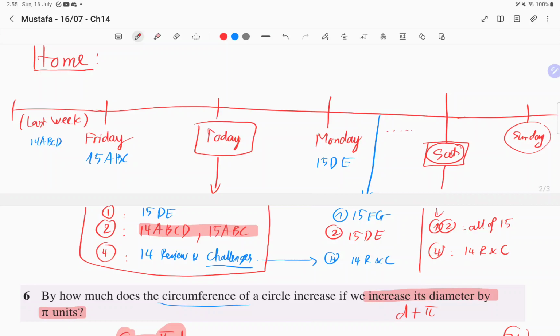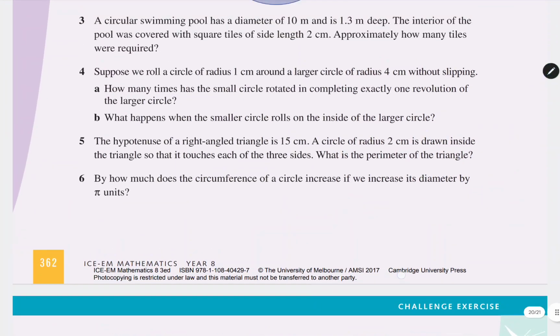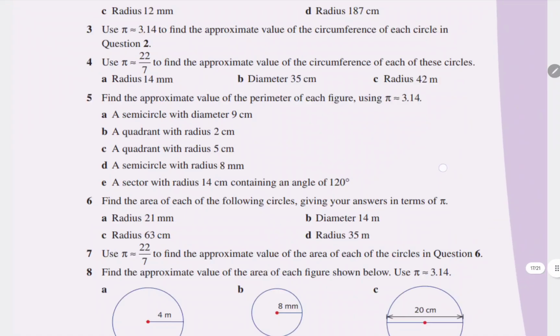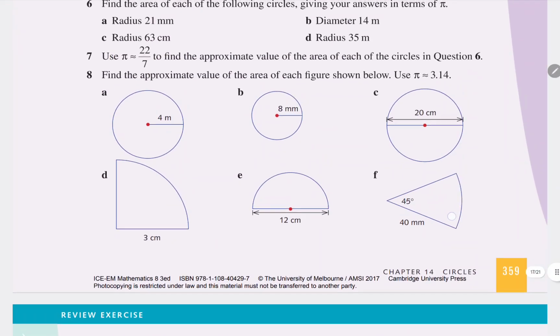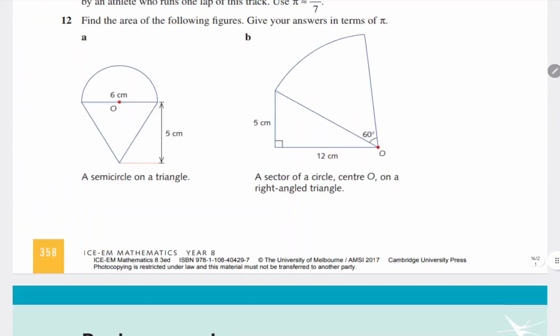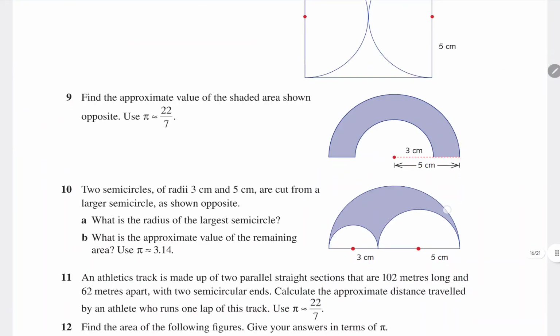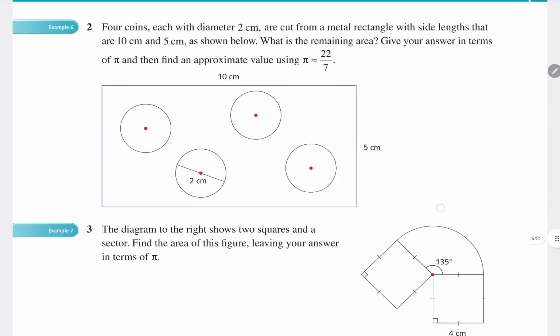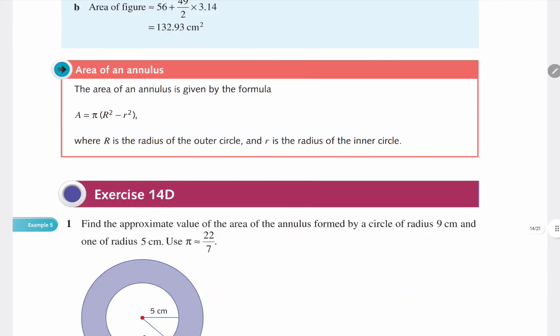So the problem solving ones. Sometimes during the chapter there will be some problem solving questions at the very end. Not the challenges, but let's say even this chapter here. This is the end of the list of exercises for chapter 14D.